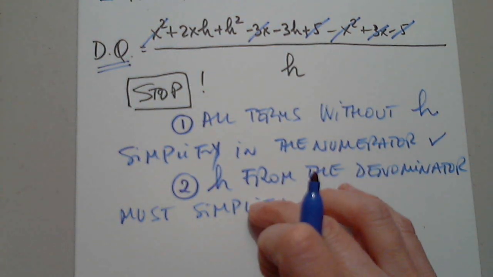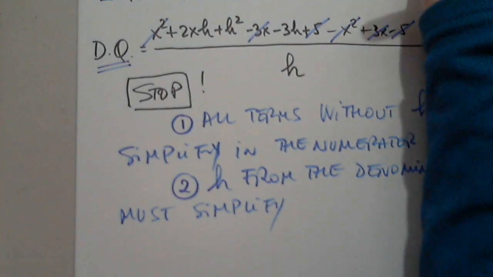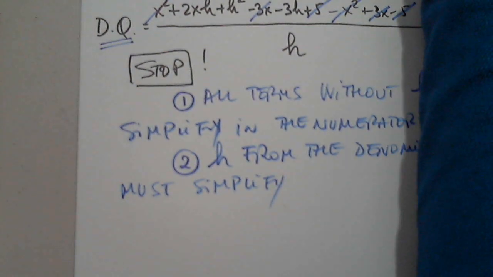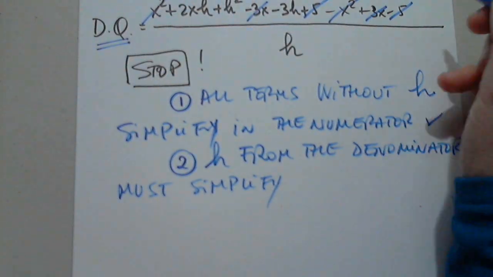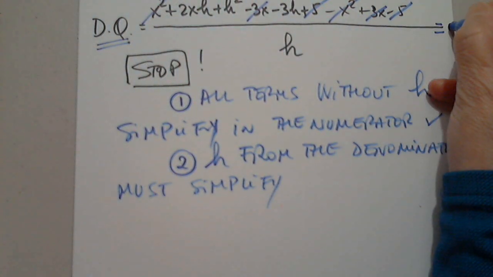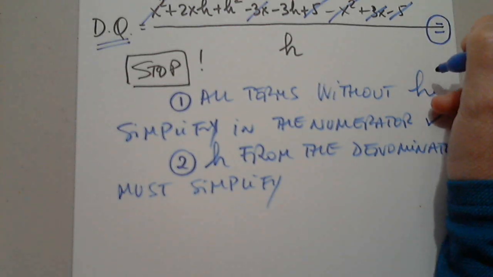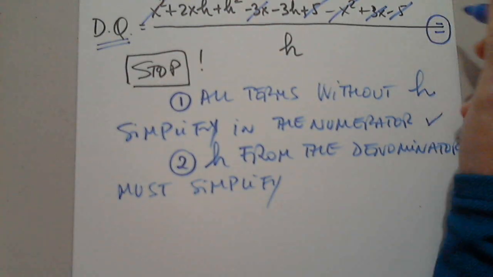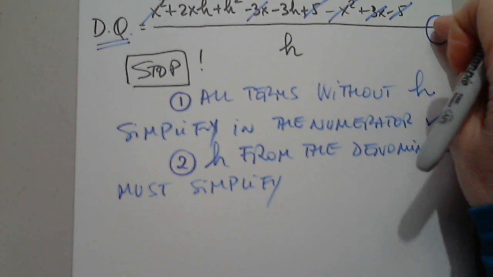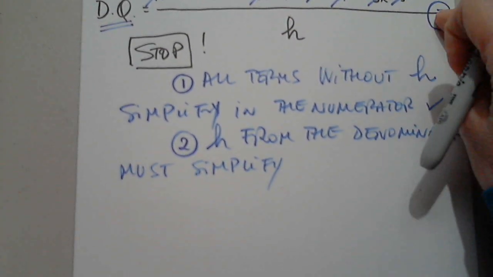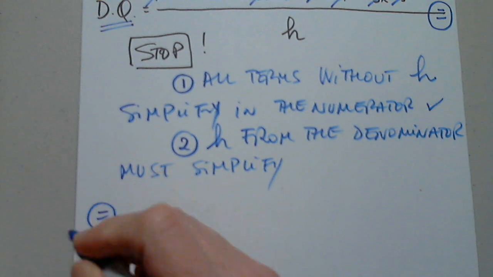If this doesn't happen, something is terribly wrong. So you will see me do this all the time. It's not because I'm lazy, it's because I don't want to waste your time. I put an equal symbol and I put a circle, or a triangle, or some other shape, which means this continues somewhere. Please look for it. And it continues here.